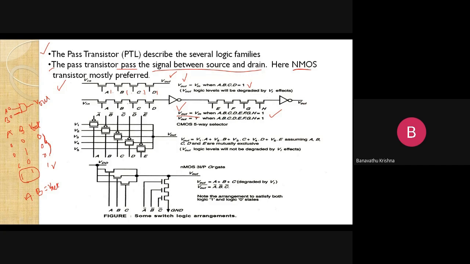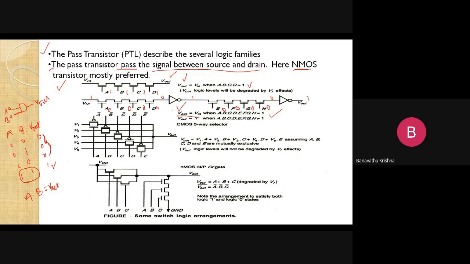Suppose all are 0 here, and I apply input 1, but the input of the inverter is 0, so here it is 1 because of the inverter operation. Again here it is 0, also 0, H is also 0 and E is also 0. Then the response here is 0, and again it is going to be 1.